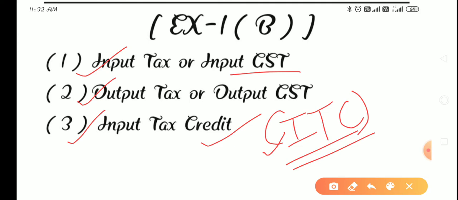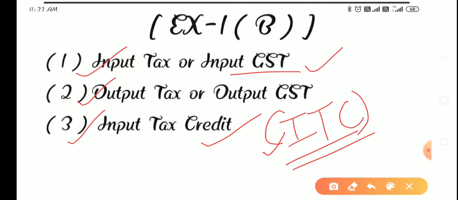So listen carefully. Suppose you are a businessman and you are purchasing some goods. If you are purchasing the goods from the same state in which you have your business, then in this case it will be an intra-state transaction.